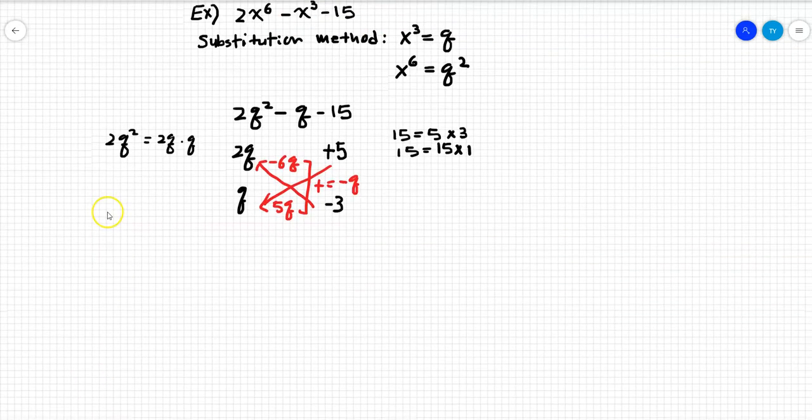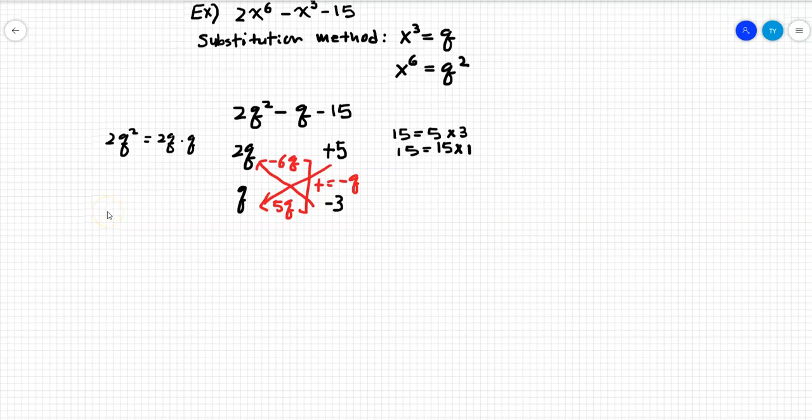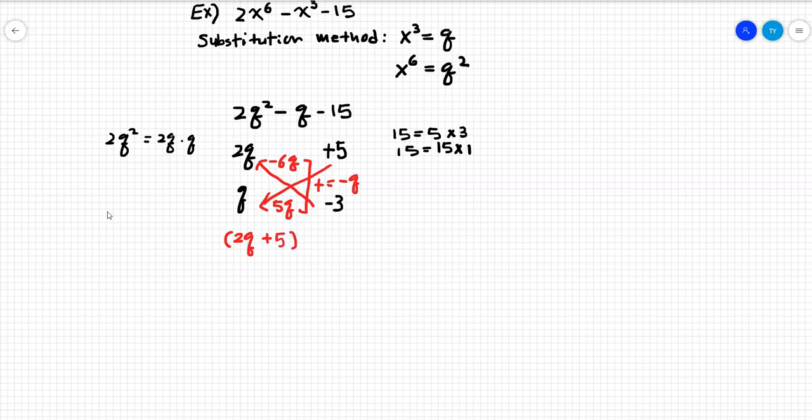Let's rewrite the term. So I have 2q plus 5 times q minus 3, but we didn't start with q, we started with x, right? So q is actually x cubed, so we're going to replace that.